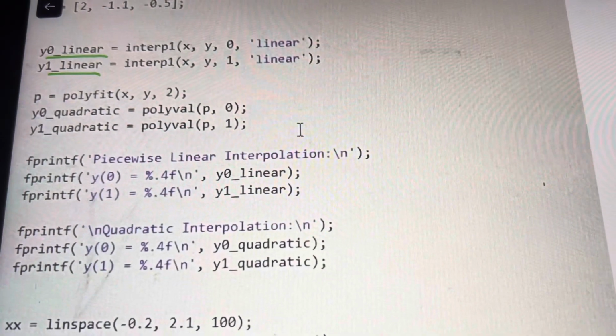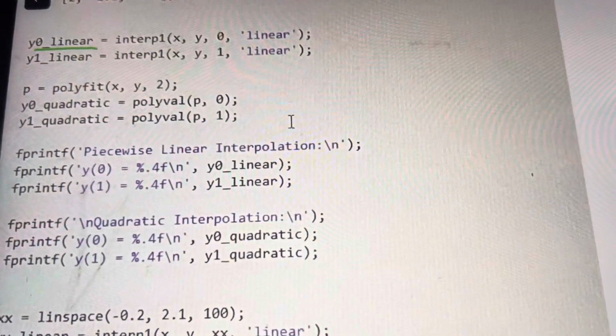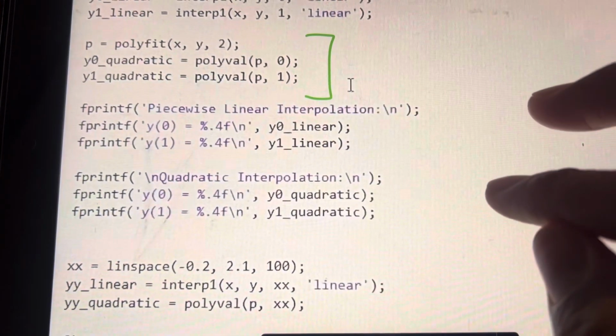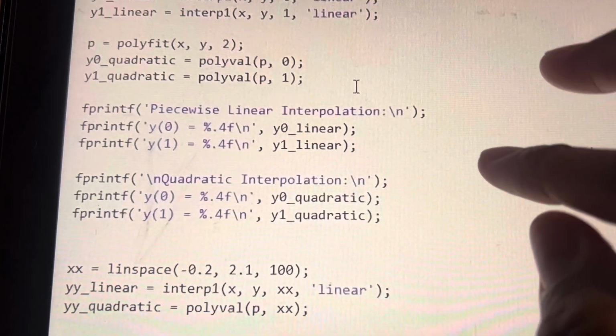Then these parts here, the first part is the interpolated value of y at x equals 0, and this is the interpolated value at x equals 1.